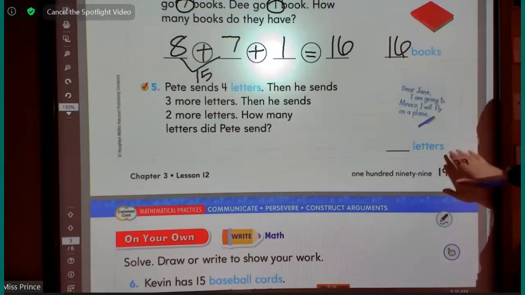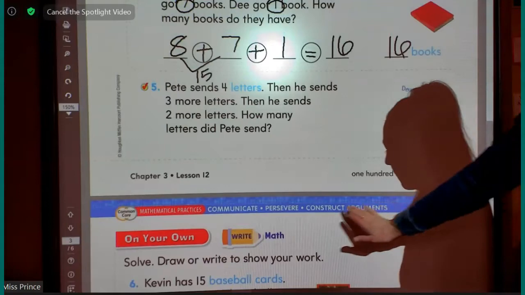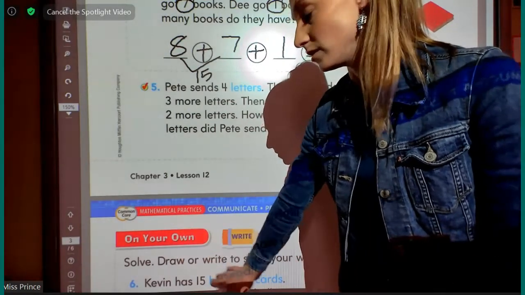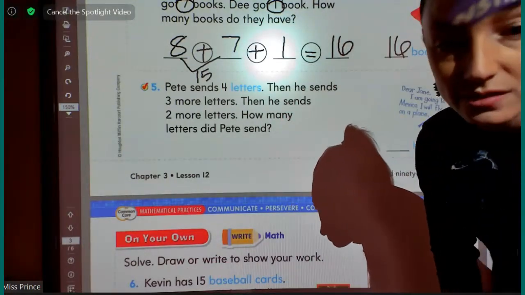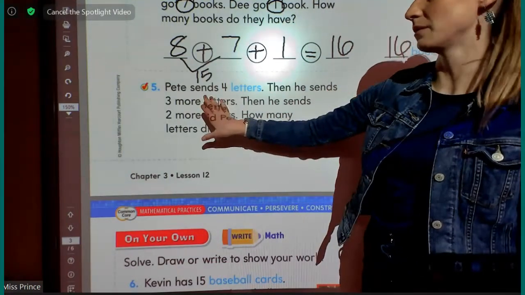All right, one more on this page. And then we're going to go through and do some of these down here together, and then we'll talk about the homework. Elias, you are my next helper. Go ahead and let me know when you're ready.